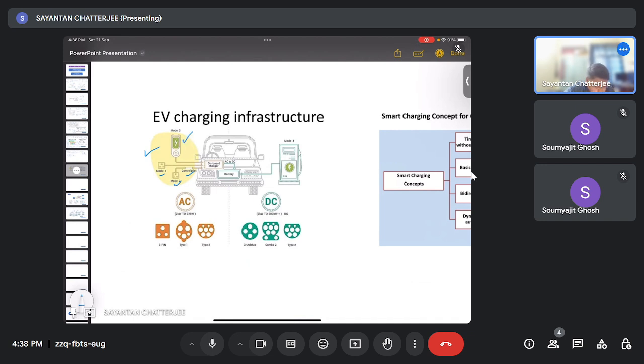Okay. On-board charger, battery, AC, and the mode 4 charging. So, on the AC part, we have 3 pin, we have type 1, type 2, and here we have a steady mode, combo type 2.